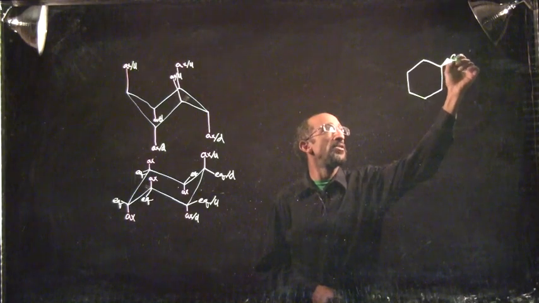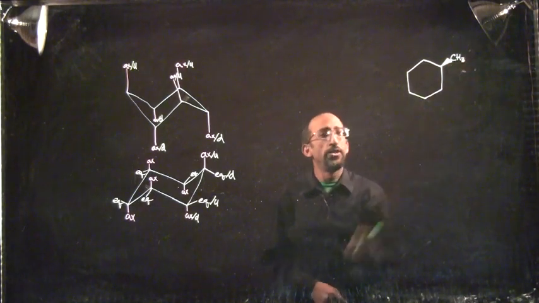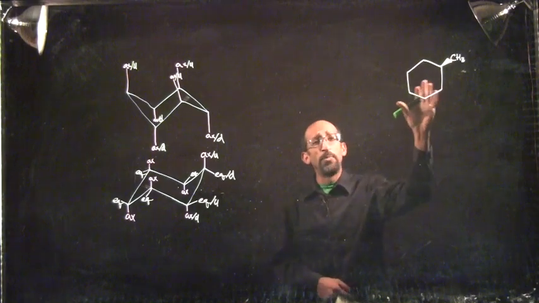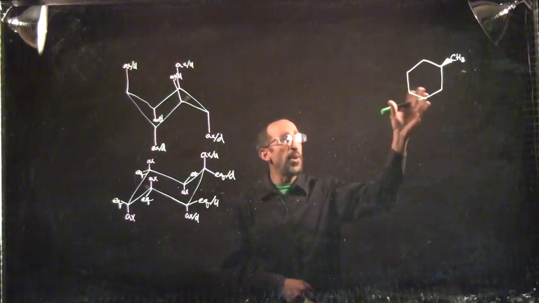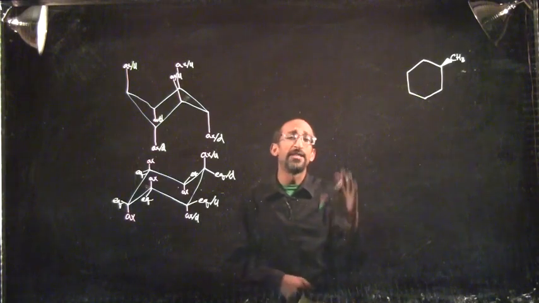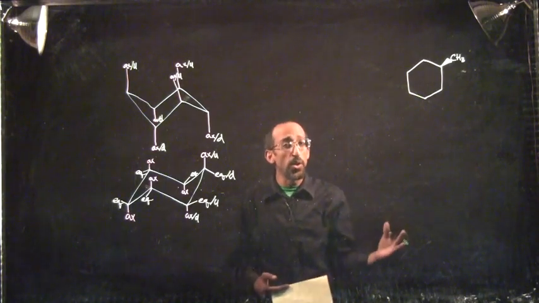So there's my methyl group on a wedge. Now, if you'll notice, all that methyl group and wedge tells us is that the methyl group is up. It doesn't tell us whether it's axial up or equatorial up.